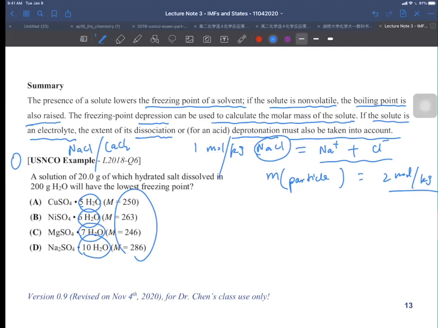But think about in total, there is only 20 grams of the salts, but there is 200 grams of water. So I think this is not the major factor. Okay, I have to stop here. We got most of your votes. If you can figure it out in a few seconds, I will probably be able to show your answer.